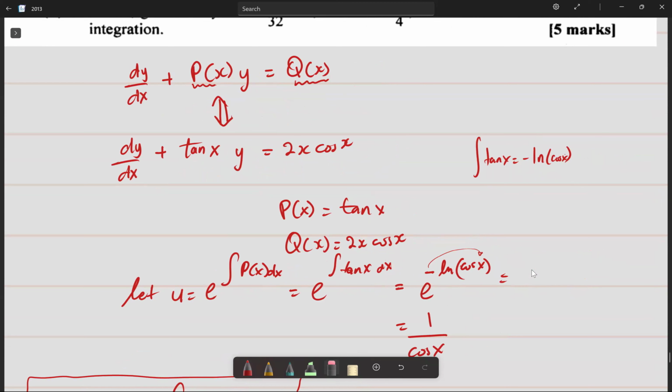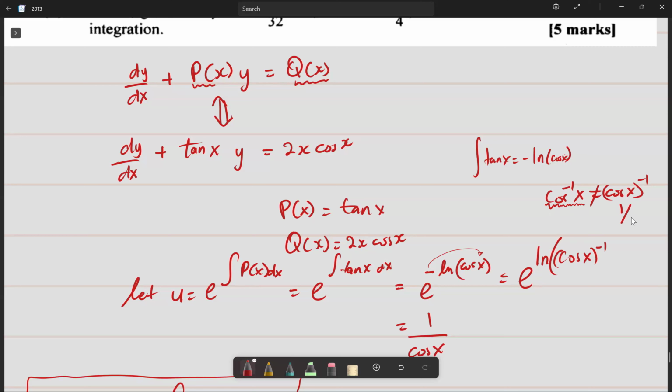So the correct steps are that this negative goes inside the bracket, right? And then we get e to the ln of cosine x to the power of negative 1. This negative one is not the same as cosine negative 1 of x. It's not the same. Make that very clear. That one is arc cos or cosine inverse.